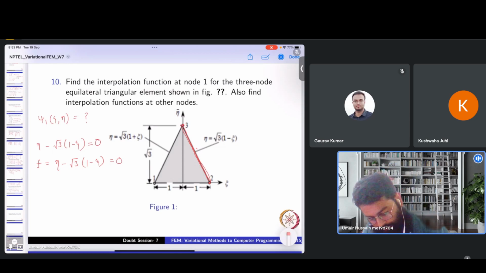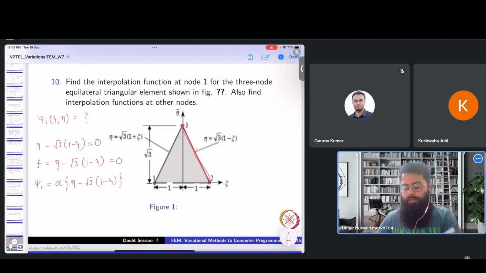So I can write my approximation function for 1 as some alpha times (eta minus root 3 (1 minus xi)). Now I just need to find the value of alpha.